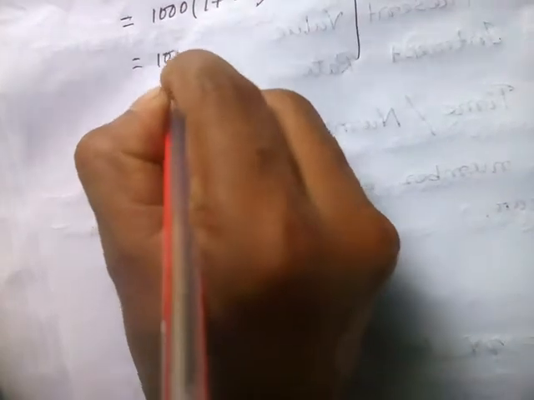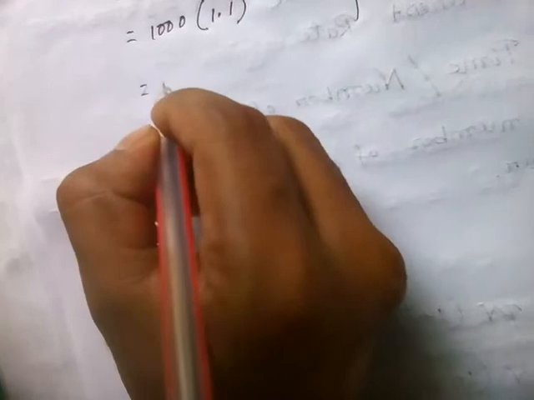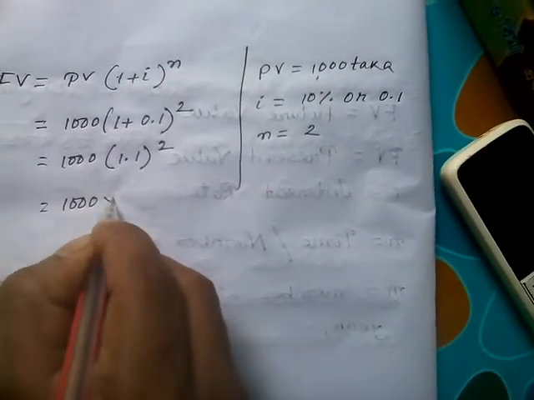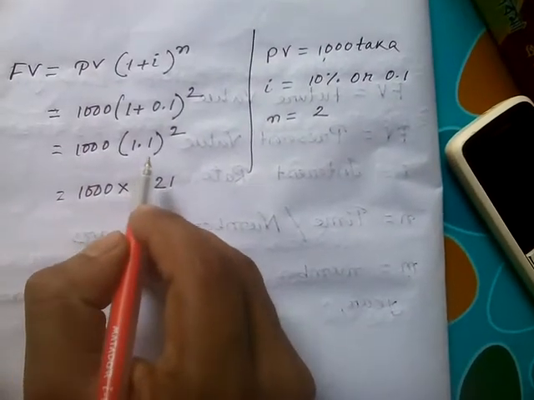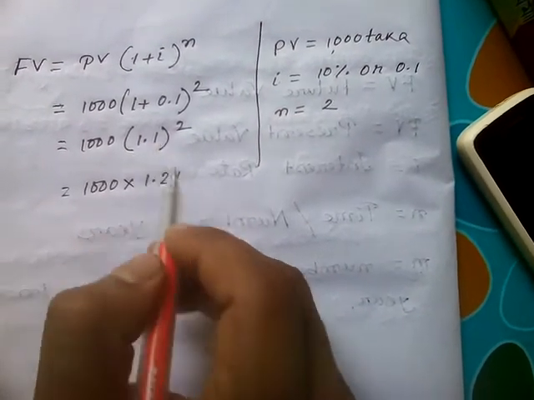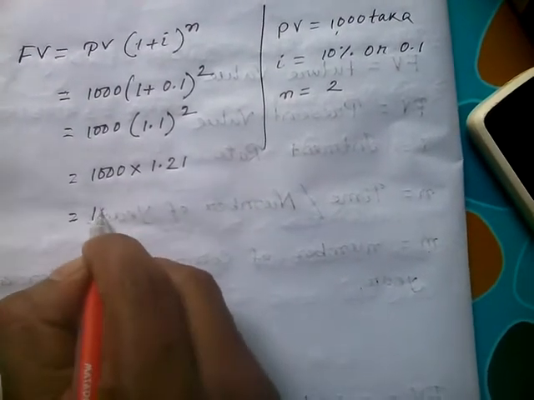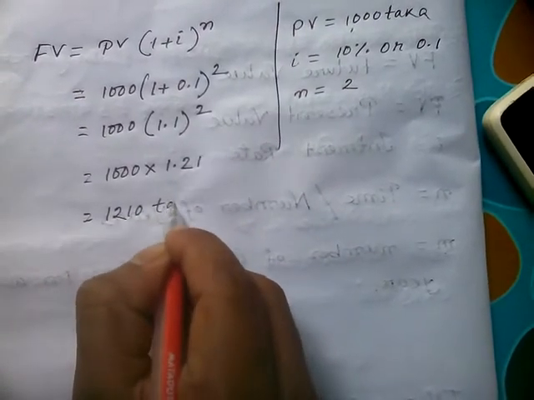Okay, 1000. Now 1 plus 0.1 equals 1.1, power 2 equals 1.21. So 1000 multiplied by 1.21 equals 1210 taka.